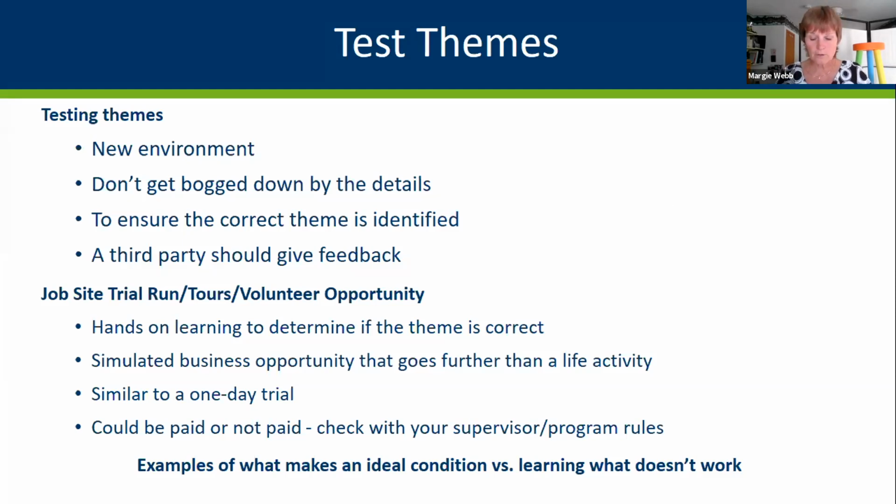I have included a tip sheet for theme testing, and that is labeled in the SharePoint site, handout 18. It talks a little bit about the theme testing, that it is typically set up at a community business when possible. And we get that third-party feedback.